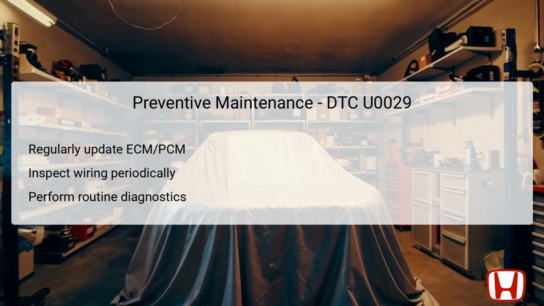Furthermore, routinely inspecting wiring and connections involved in the CAN network can identify potential wear or damage before they lead to significant failure. Conducting diagnostic tests at regular intervals also ensures that the system stays in optimal condition and establishes a baseline for operational performance. Proactive maintenance measures contribute to long-term vehicle reliability and can save you time and expense in the future.